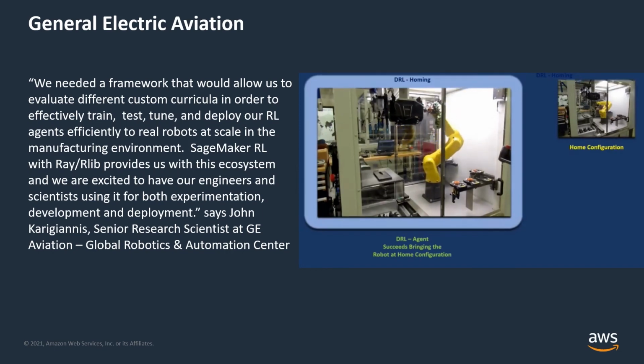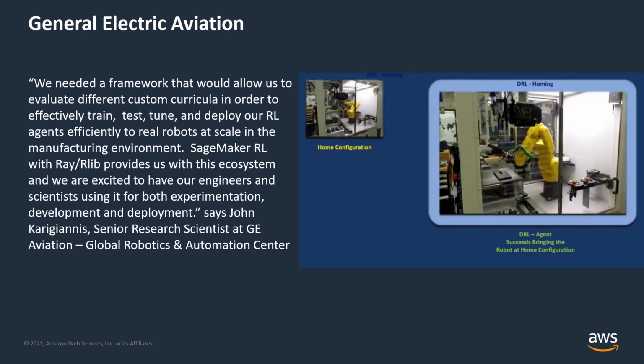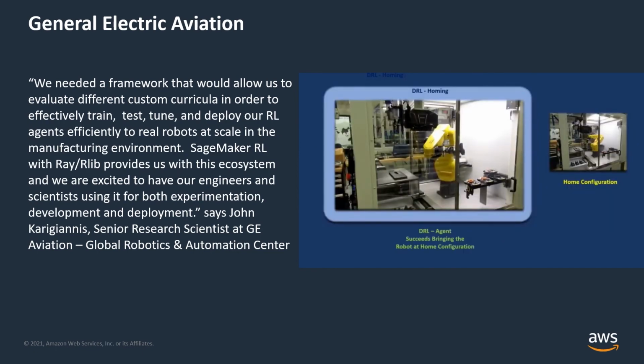In this use case, the robotic manipulator is performing what we call a homing operation in order to bring the configuration of the robot into a specific location in space.